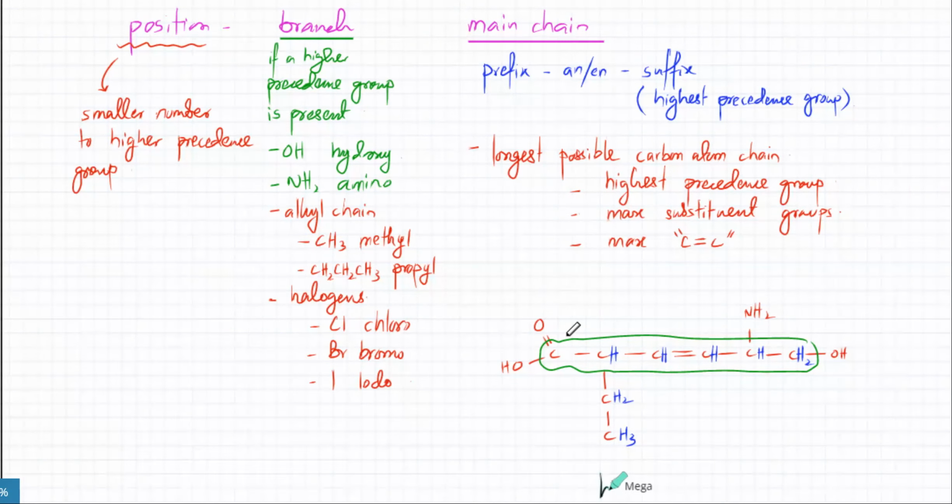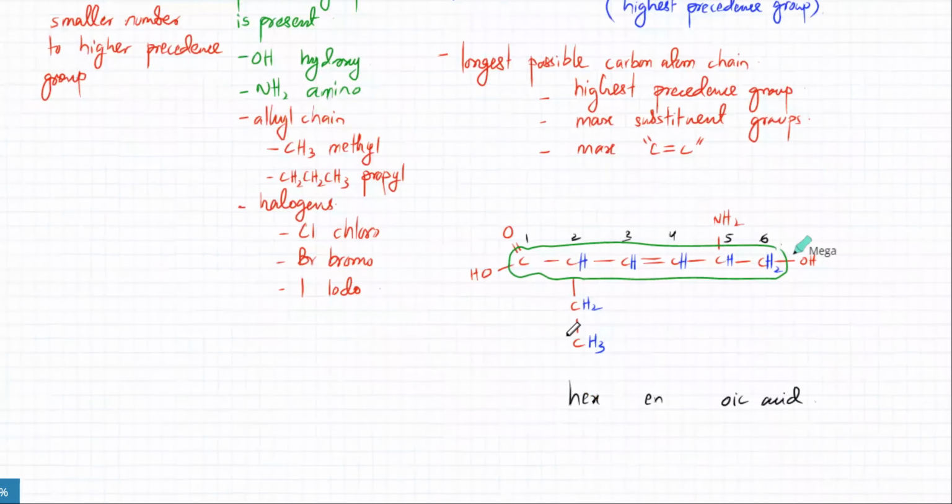Okay, that's hex. And there's a double bond, so it's going to be ene, and it's the carboxylic acid, so it's going to be oic acid, right? And you're going to count from this side. This is 1, this is 2, this is 3, this is 4, this one is 5, and this one is 6. So you count from the left side. Anyways, it's hexanoic acid, and we'll put in the numbers later on.